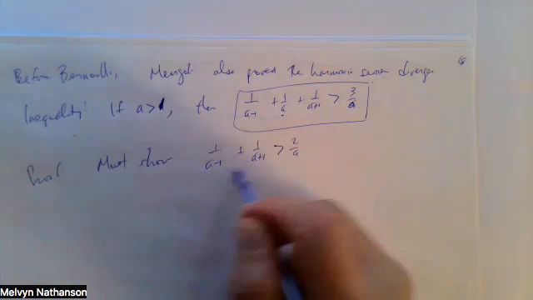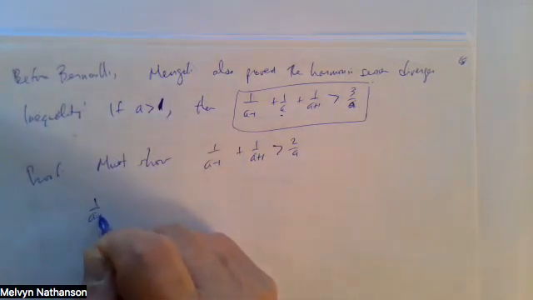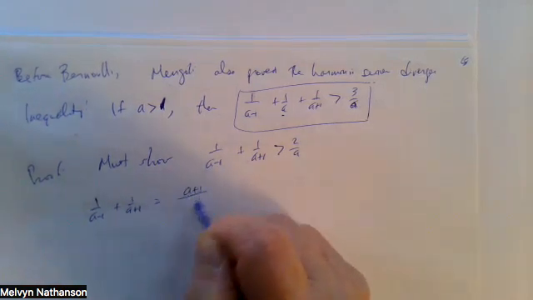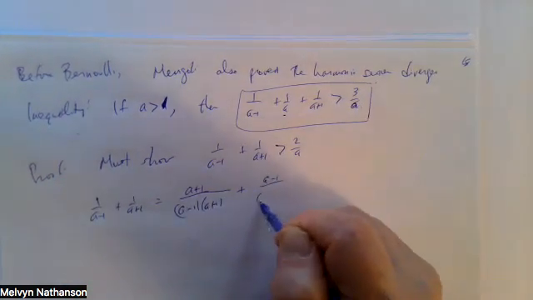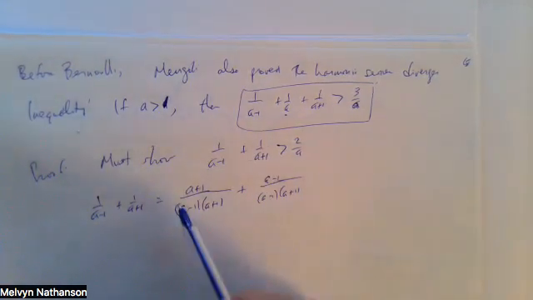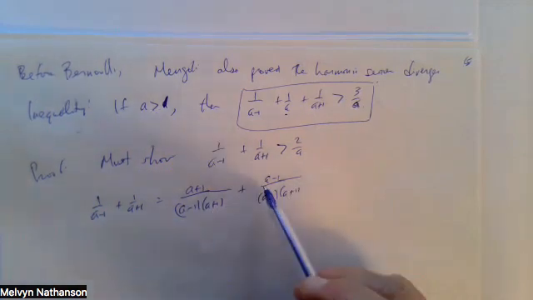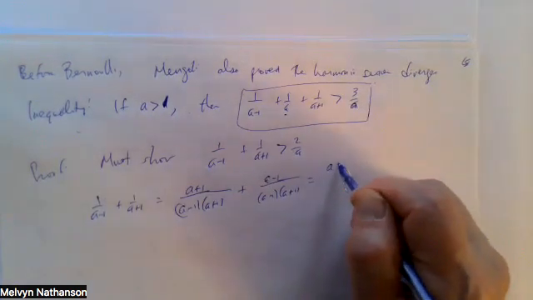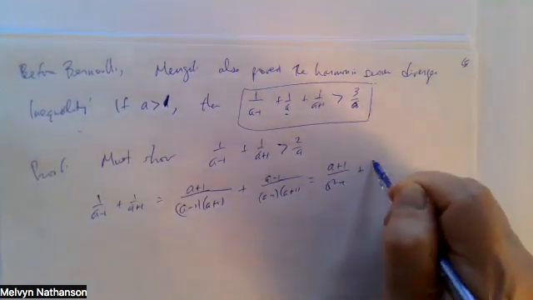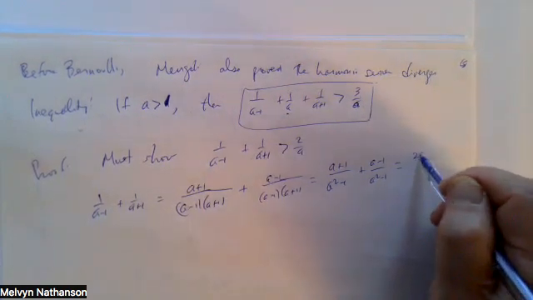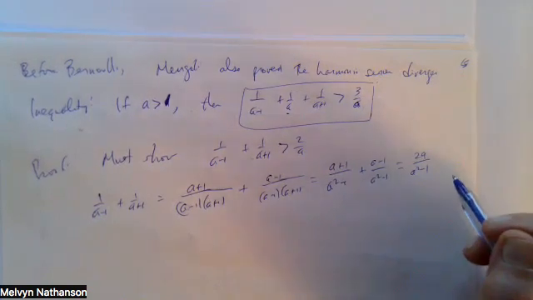So let's put this over a common denominator. 1 over a minus 1 plus 1 over a plus 1 is a plus 1 over a minus 1, a plus 1, plus a minus 1 over a minus 1, a plus 1. Here I just multiplied numerator and denominator by a plus 1. Here I multiplied numerator and denominator by a minus 1. So this is a plus 1 over a squared minus 1, plus a minus 1 over a squared minus 1. When I add, I get 2a over a squared minus 1.